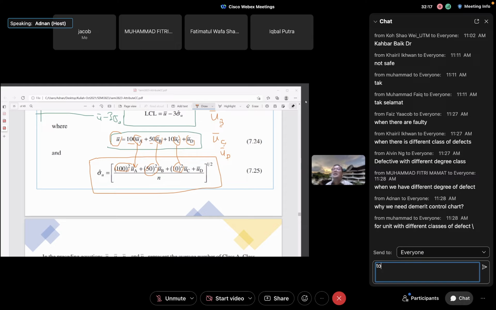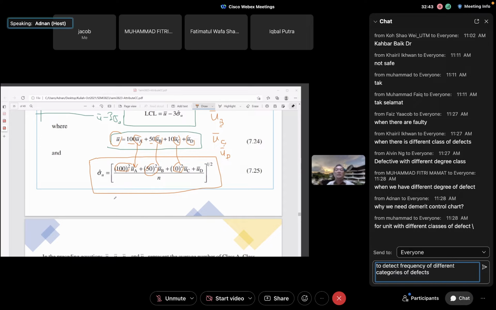We need to see the different categories of that, so we use weightage, and we multiply that weightage with the average of each category. Your textbook did not give any example on this, but I tried to find it from other books. I will share with you later on, so maybe that will be clearer.